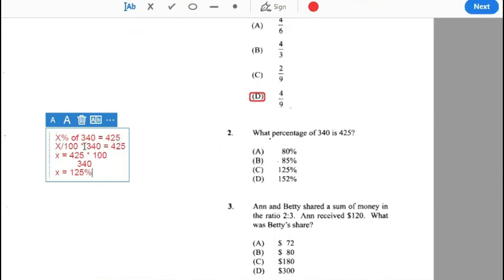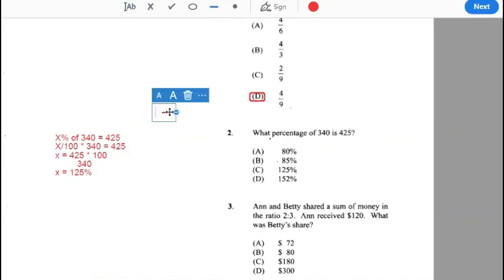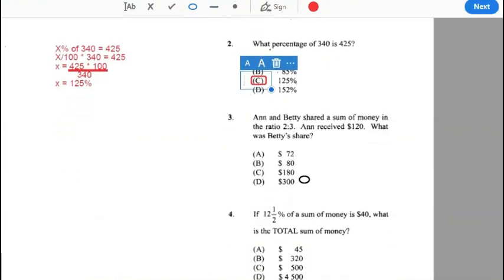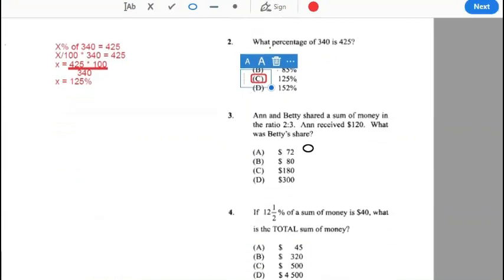So we're doing x over 100, and remember 100 represents percentage, times the 340 equals 425, and we're solving for x. So x is equal to 425 multiplied by 100 divided by 340, and we solve, and x is equal to 125%.